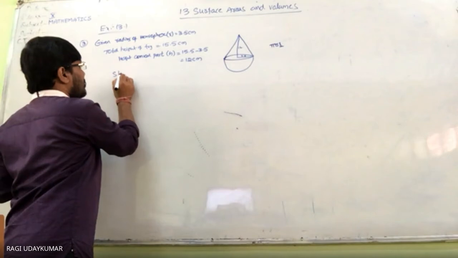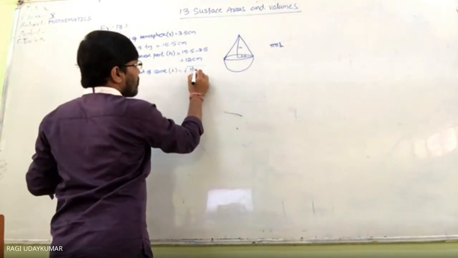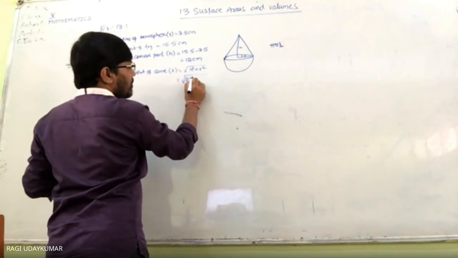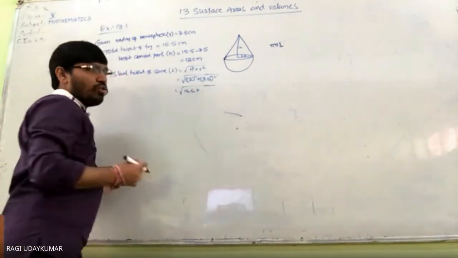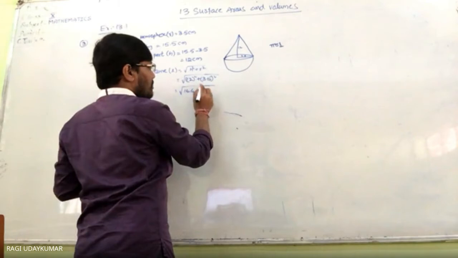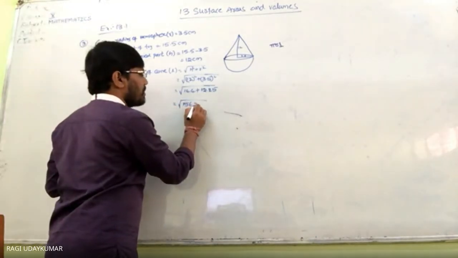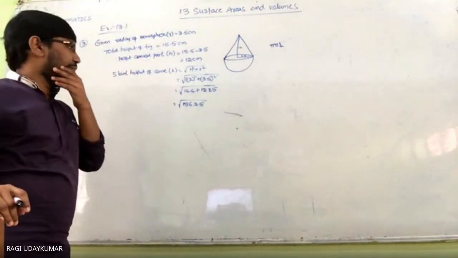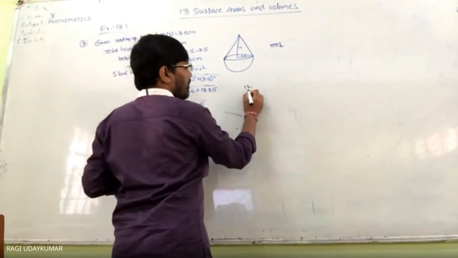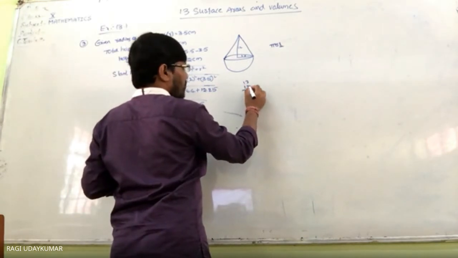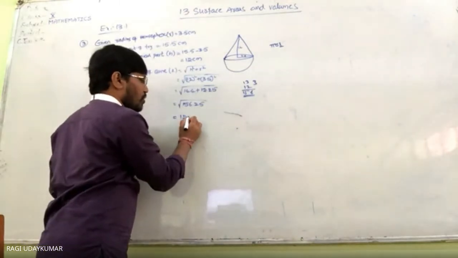So the slant height of the cone, L, is equal to the square root of h squared plus r squared, which is the square root of 12 squared plus 3.5 squared, which is the square root of 144 plus 12.25. That is the square root of 156.25, which is 12.5 centimeters.